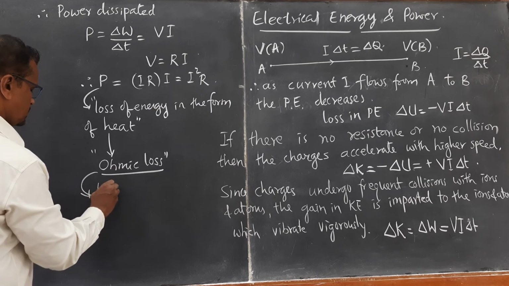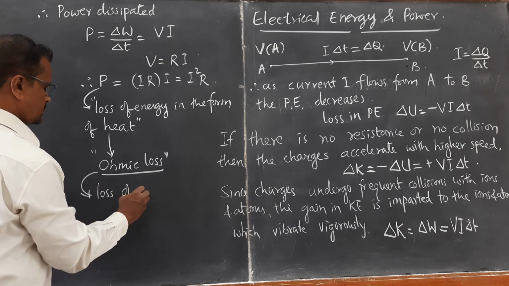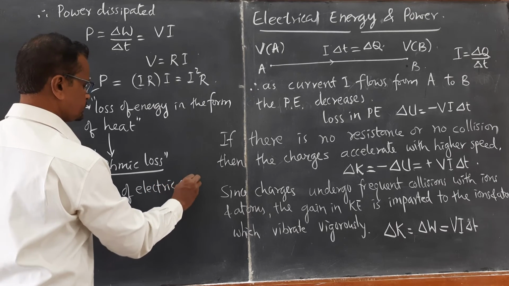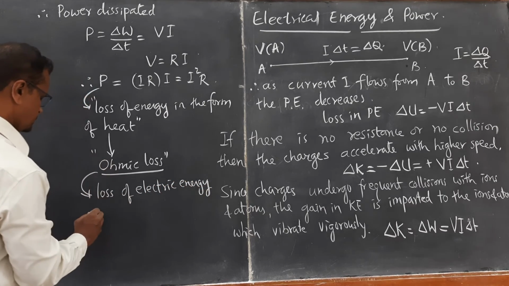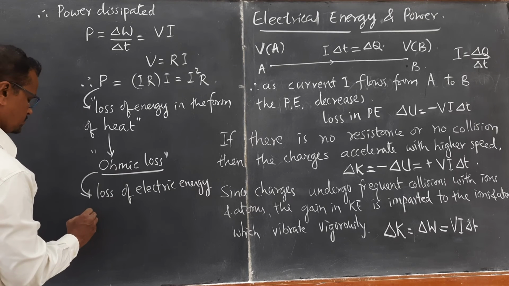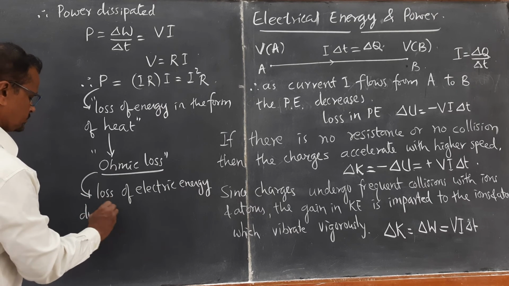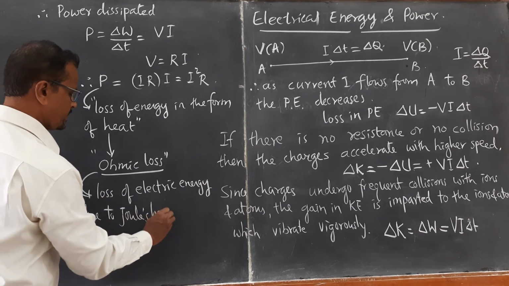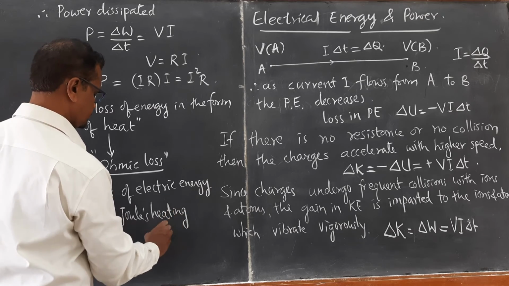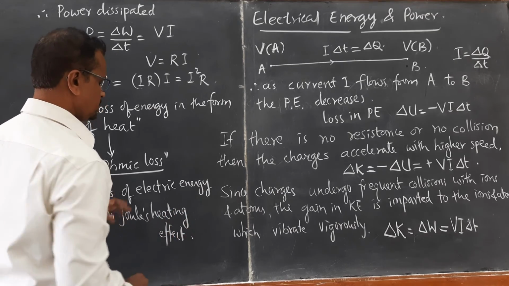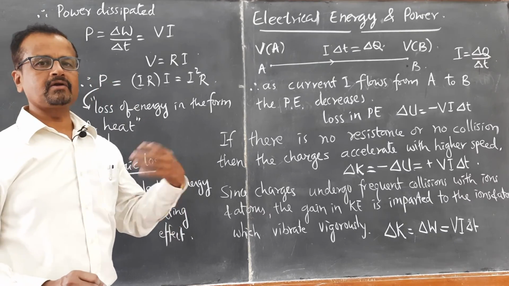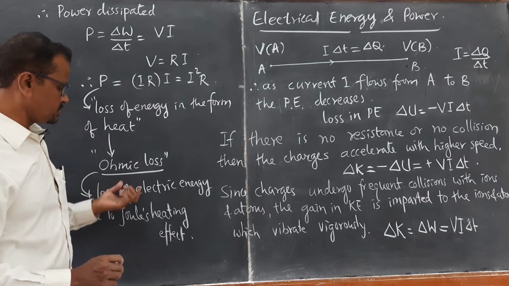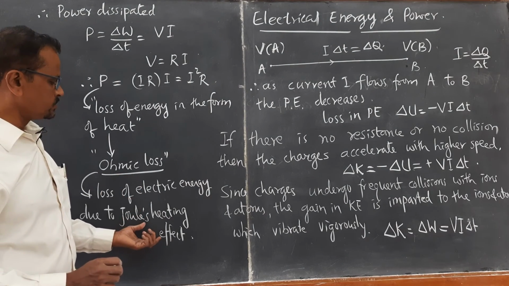Loss of electric energy due to Joule's heating effect means that part of electrical energy is converted into heat. So, that is what we call ohmic loss and loss due to Joule's heating effect.